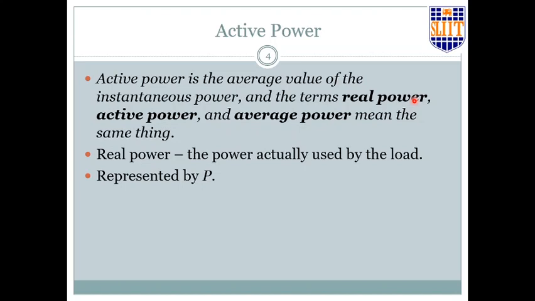All these names are used interchangeably to refer to the same value, which is the average power of a general AC load. The value is represented by the capital letter P.